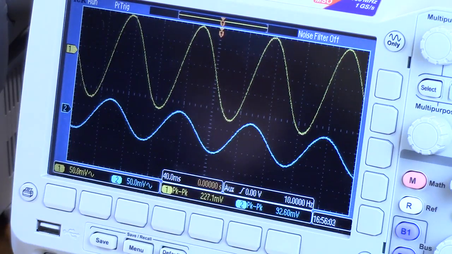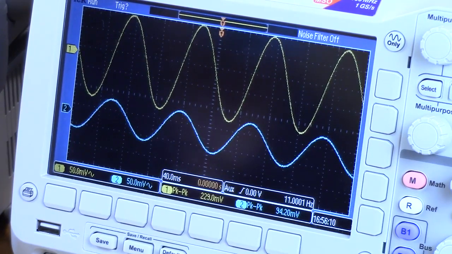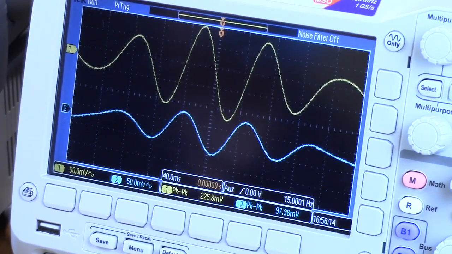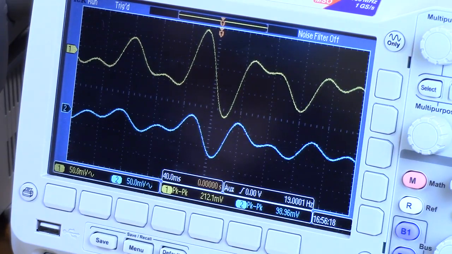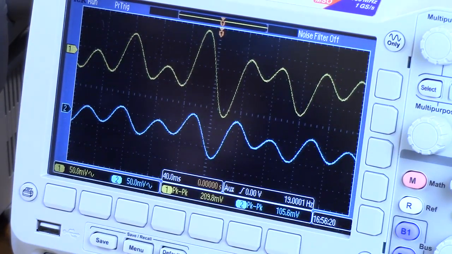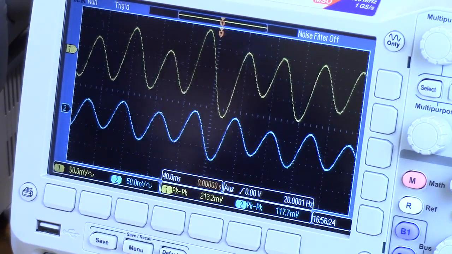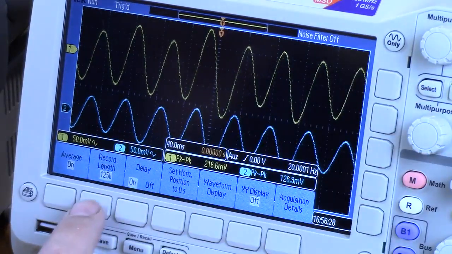So let's go back to our frequency. And it looks like I overshot. We're going to have to bring the frequency higher. It's awfully slow to respond. I'm going to take the averaging and make it less dominating.